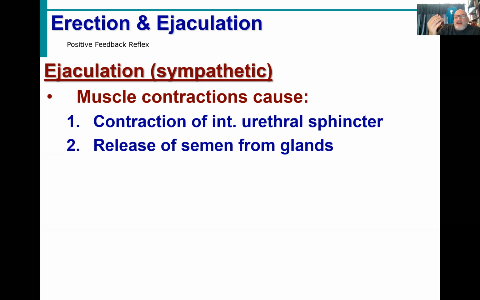There is a medical condition where the internal urethral sphincter does not close. And so what happens is when the male ejaculates, the ejaculate actually goes up into the bladder instead of coming out the end of the penis. Obviously, if that occurs, it's impossible to fertilize the female.